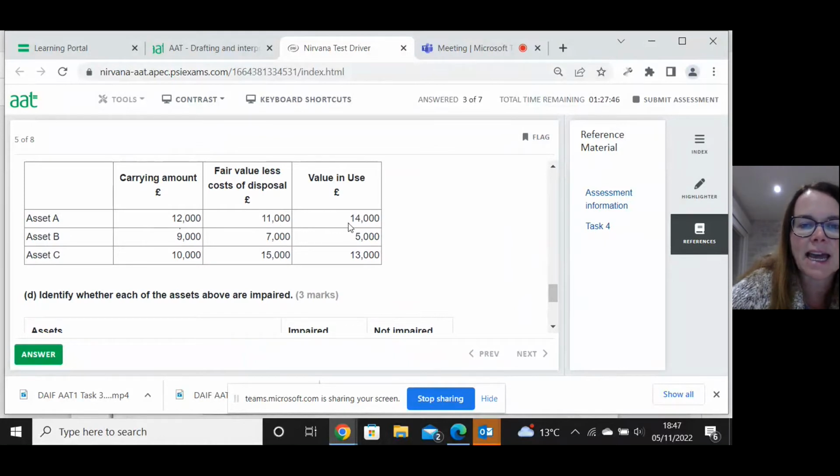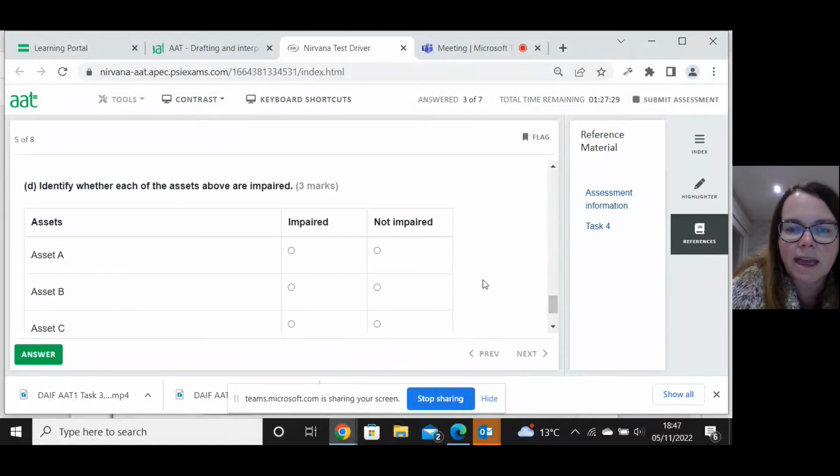Right, so for asset A, the recoverable amount will be the 14,000 because it's higher than the 11,000. The carrying amount is 12,000, which is lower than the value in use. So therefore, asset A is not impaired.